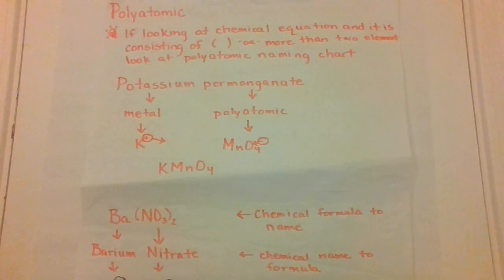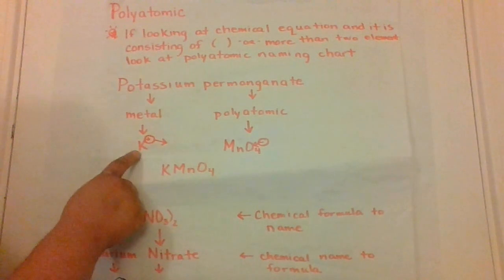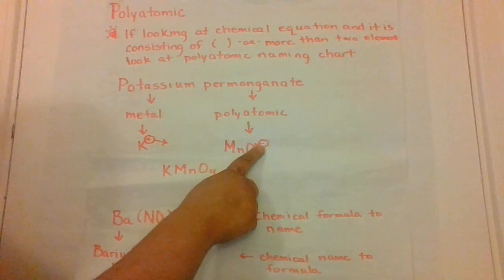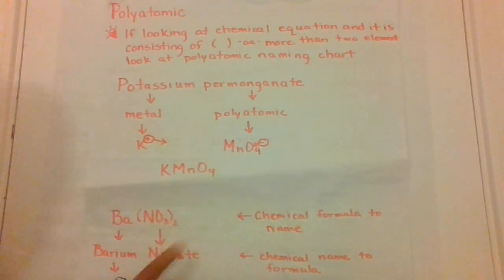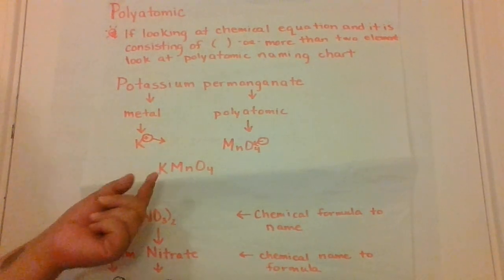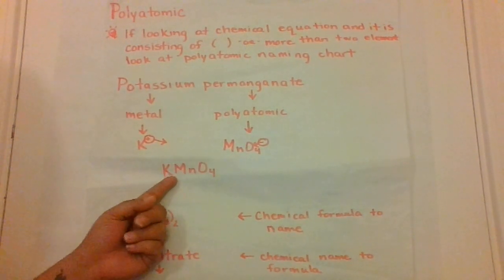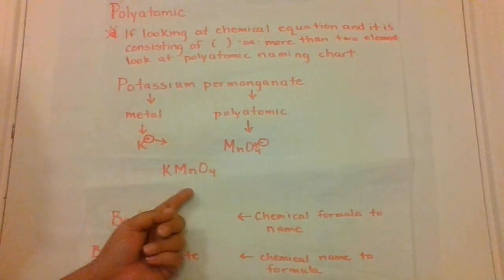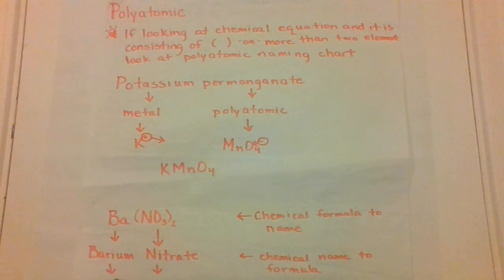Once again, we're going to be doing the crisscross method with our charges. So we know potassium has a +1 charge, permanganate has a -1 charge, and as stated before, if those subscripts are the same number, there is no need to write them. So we would take our potassium and put it with MnO4, which is the chemical formula for permanganate.